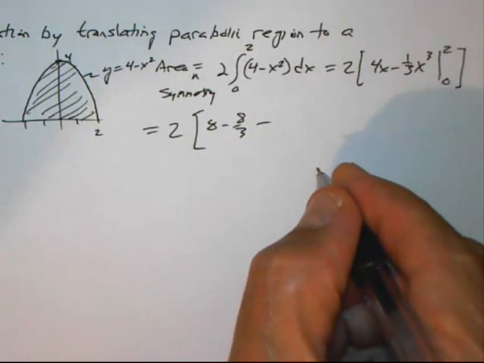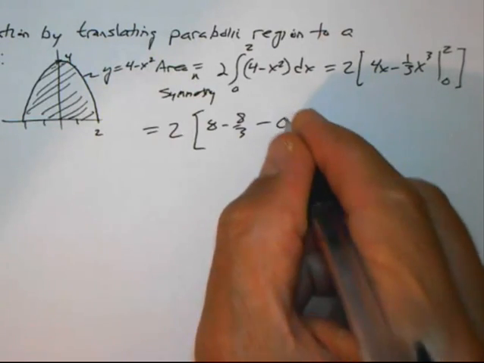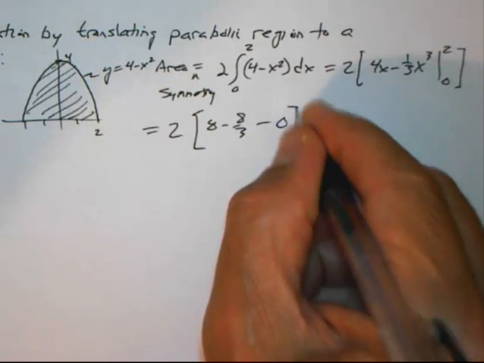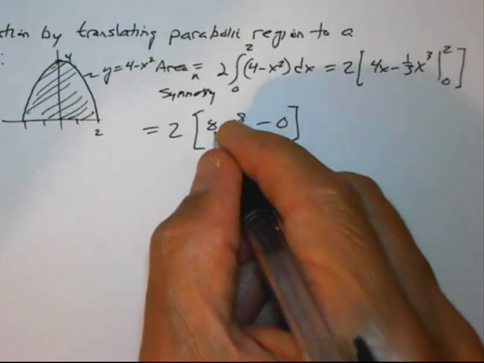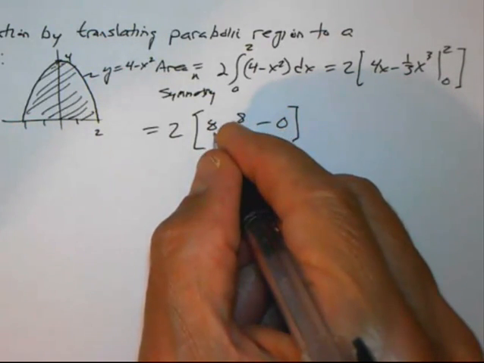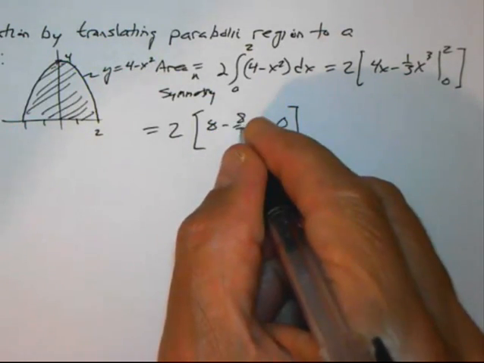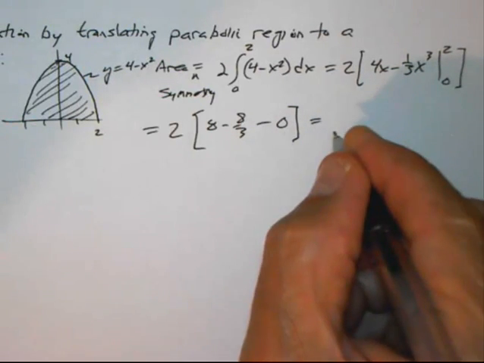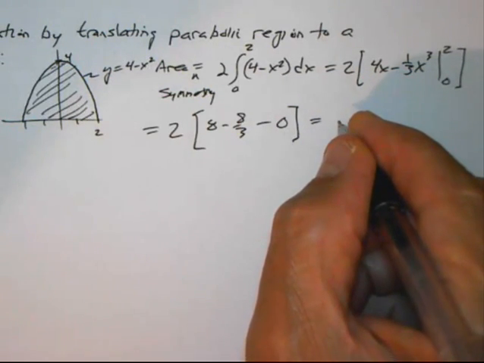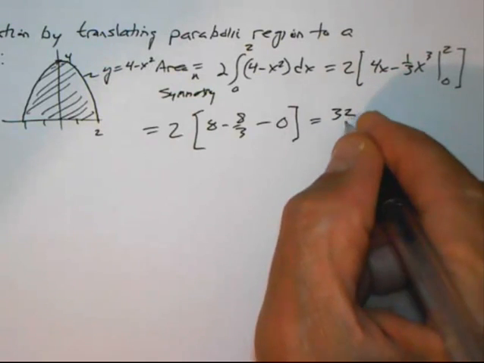The 0 evaluation just gives a 0 all the way across. 8 is 24 thirds, minus 8 thirds, 16 thirds. 2 times 16 thirds is 32 thirds.